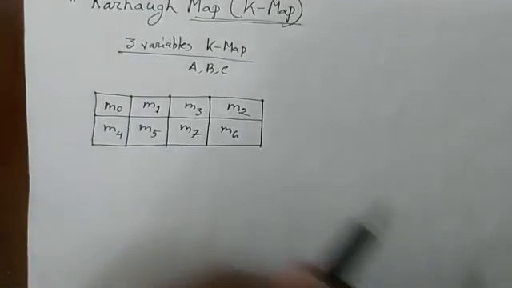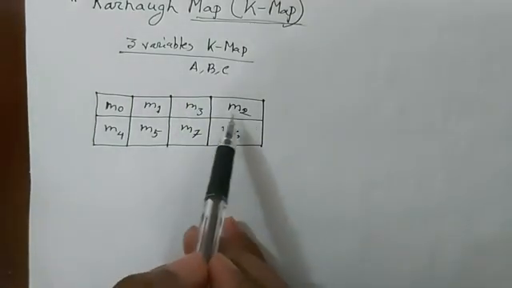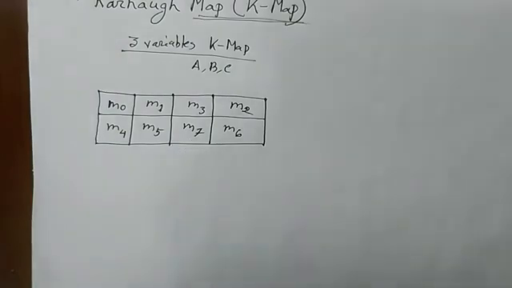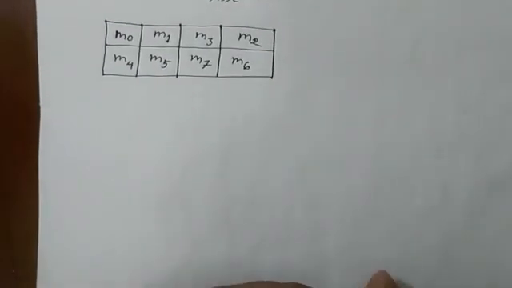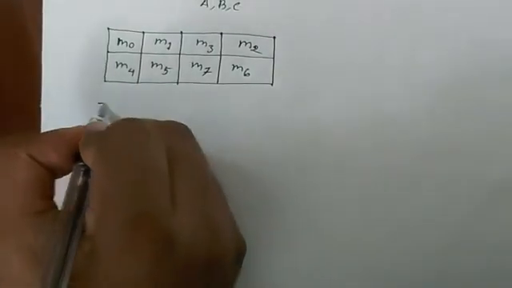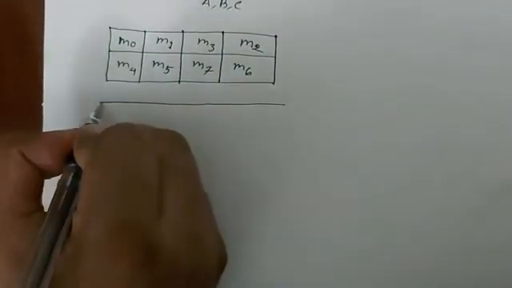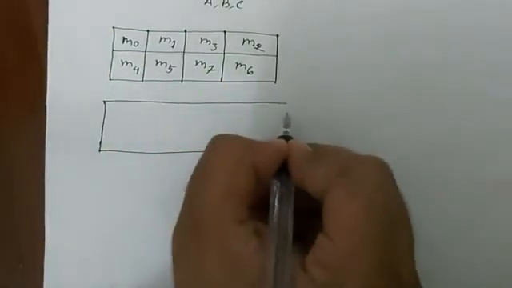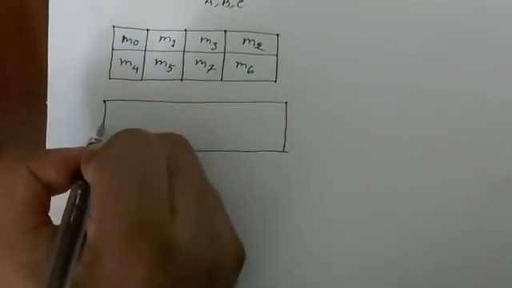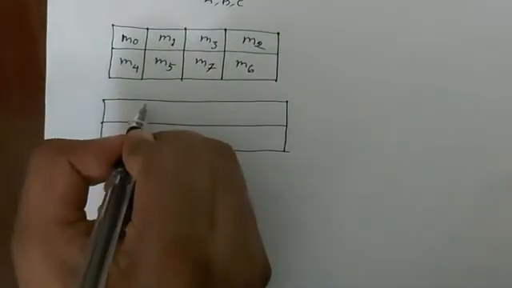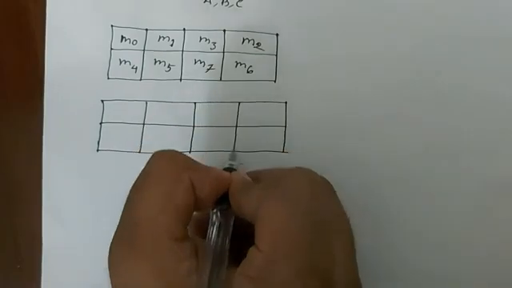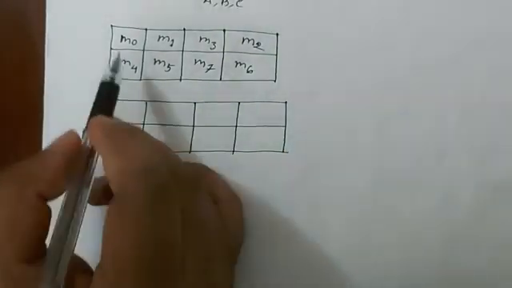Now why is min term number 2 here and min term number 3 here, or why is min term number 6 here and min term number 7 here? If we want to understand that, then we have to put the combinations for the respective min terms.